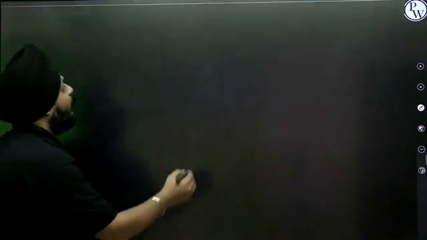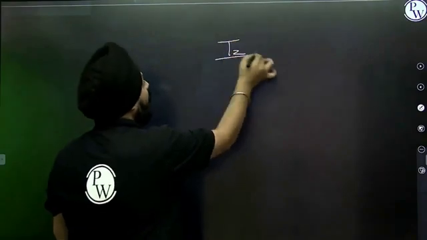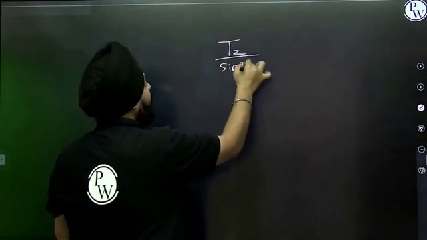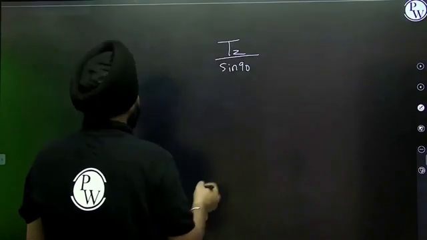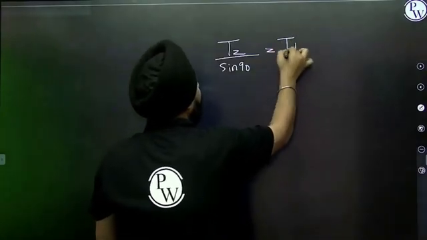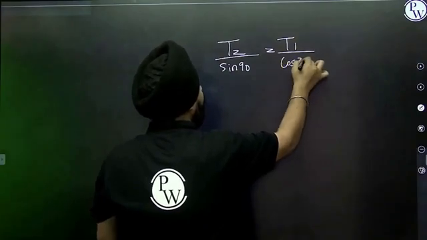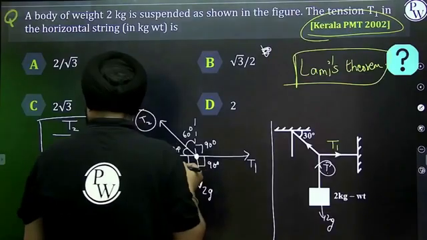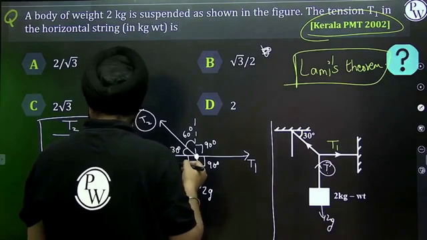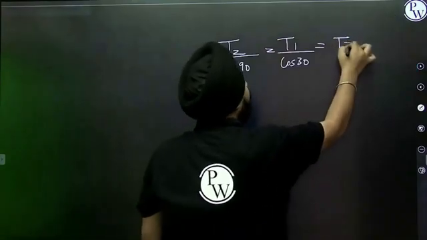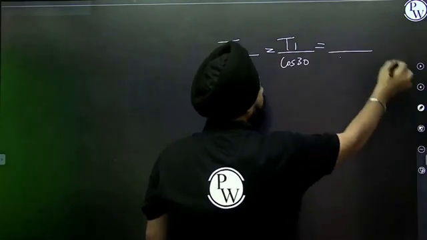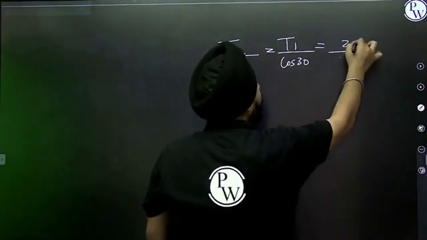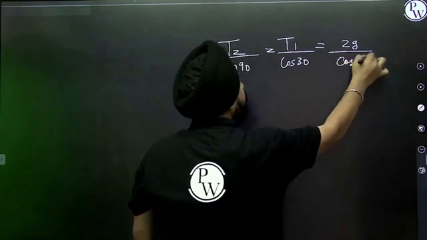Again, I'm going to write the equation: T2 by sine of 90 equals T1 by sine of 90 plus 30, that is cos of 30, and 2G by sine of 90 plus 60, that is cos of 60.